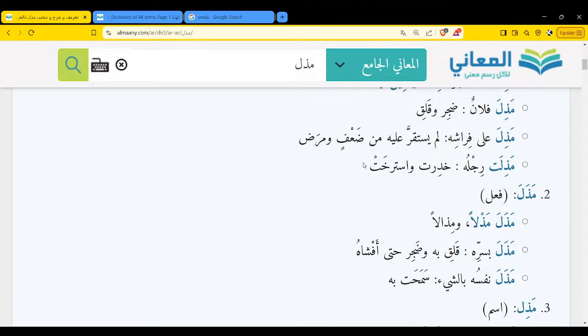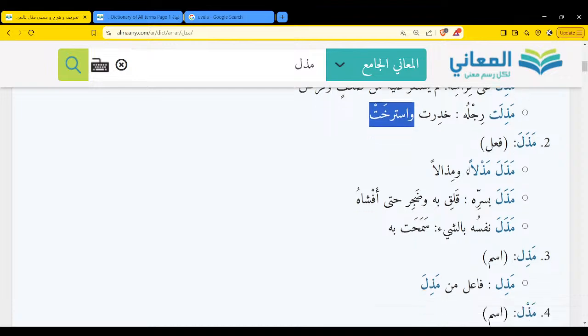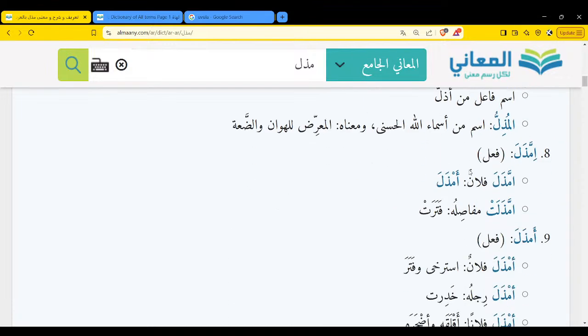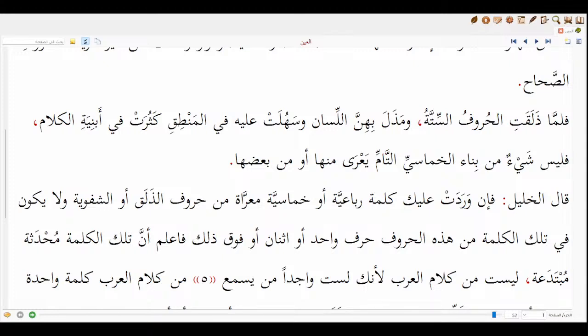It is eased, to become eased, to become relaxed. فترت, some kind of meaning of relaxation. So فلما ذلقت الحروف الستة, they have a sharp sound, but still the tongue is eased, it relaxes. وسهلت عليه, and it is easy to pronounce these when speaking. Possibly the translation of ذلق is not accurate, Allah knows best.